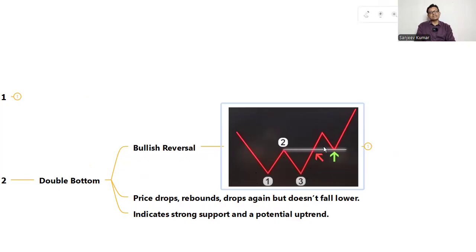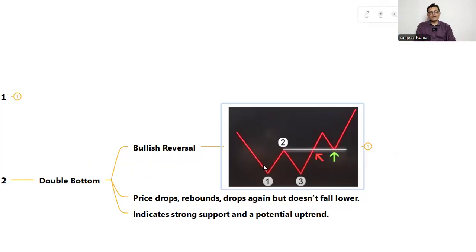And from this neckline, when share price breaches this neckline, this is the signal of uptrend, but this is not the confirmation point. It may go directly upside or may go down, again move from the neckline. This is the confirmation that downtrend changed to uptrend.